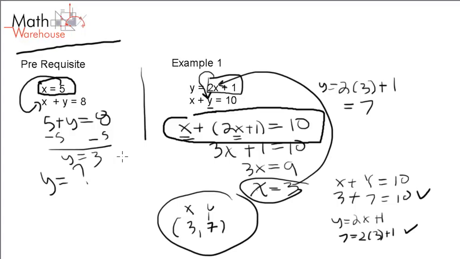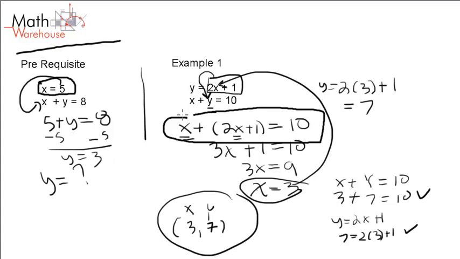Before you approach this topic, you should be familiar with what I did on the left. Simply substituting a value in for a variable, x equals 5. Put the x in there and solve it. Same idea for systems of linear equations. Difference being, we have two variables, an x and a y, and we are going to substitute an expression usually in for a variable, like 2x plus 1 in for the variable y.